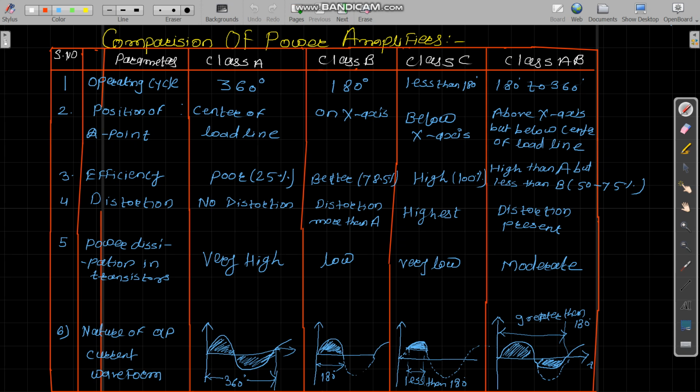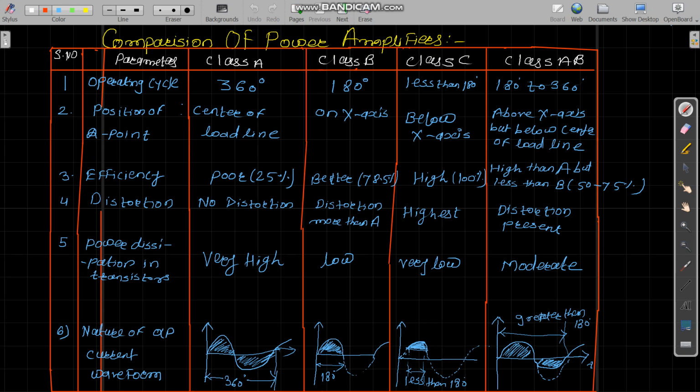Because of that, the output is neither 180 nor 360 degrees, it is in between, let us say 270. That means the output is obtained for more than 180 and less than 360 degrees. Because of that, efficiency is neither 78.5 nor 25 but in between, that is, 50 to 75% is the efficiency of class AB.